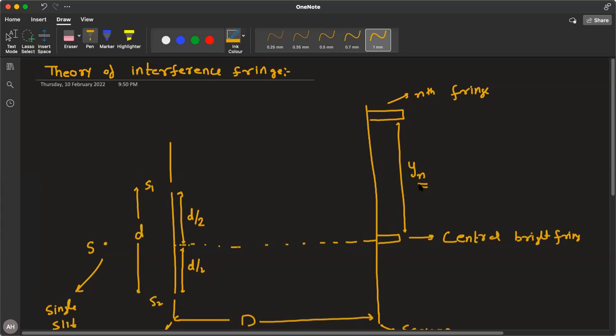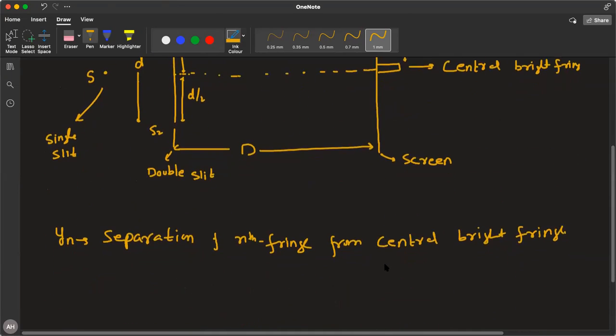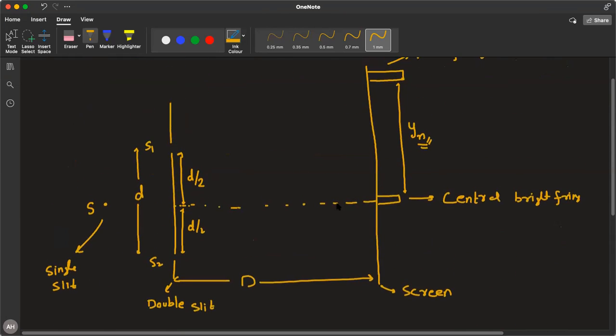Earlier we wrote the conditions for bright and dark fringes in terms of path difference. We wrote that path difference is n lambda for a bright fringe and (2n minus 1) lambda by 2 for a dark fringe. But now we need the condition of bright and dark fringes in terms of this separation. It's not the path difference. It's just the separation of this particular fringe from the central maximum. This is why it's the separation of the nth fringe from the central bright fringe.